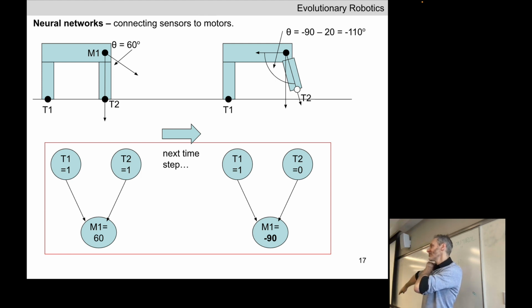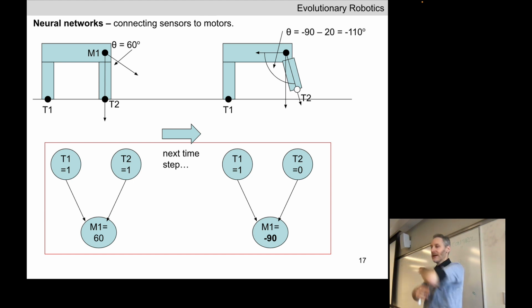So the moment the leg has left the ground at this time step, now the motor is commanding the joint to flex inward to minus 90 degrees. The motor is now commanding these two links to rotate such that this link rotates up and tucks right up underneath the belly of the robot. This is minus 90 here. Plus 60, 0, minus 90.